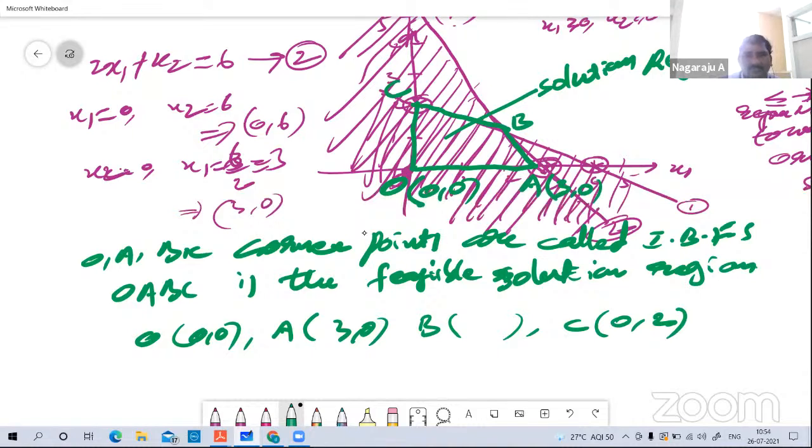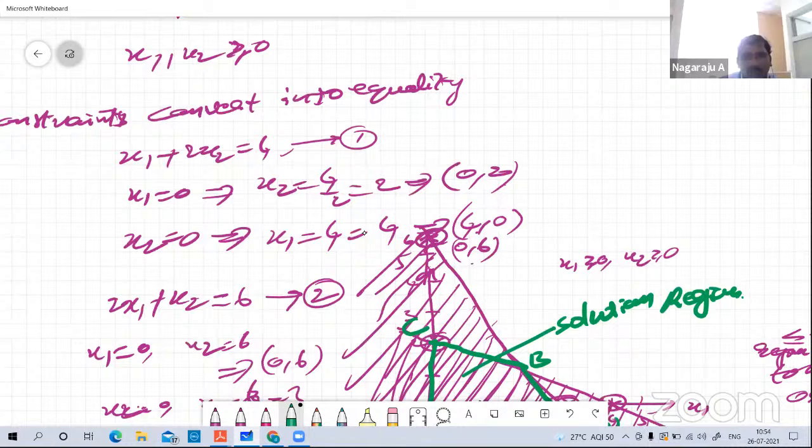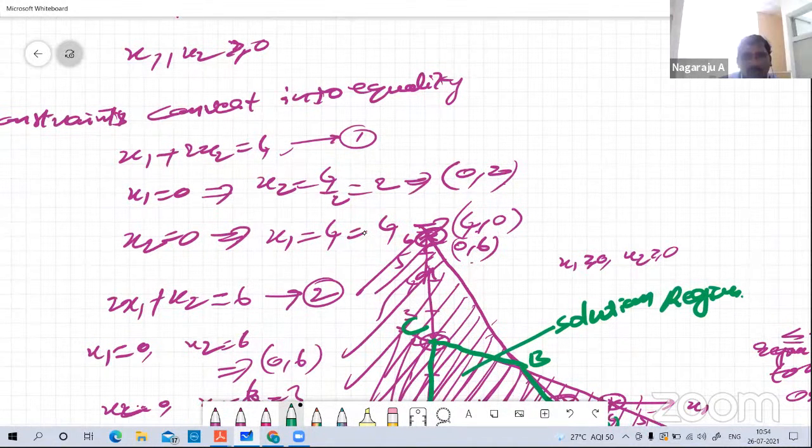Now solving these two, I will multiply the first equation by 2. This is 4, this is 8. Subtracting both equations, this cancels. So 3x2 equal to 2, so x2 equal to 2 by 3.